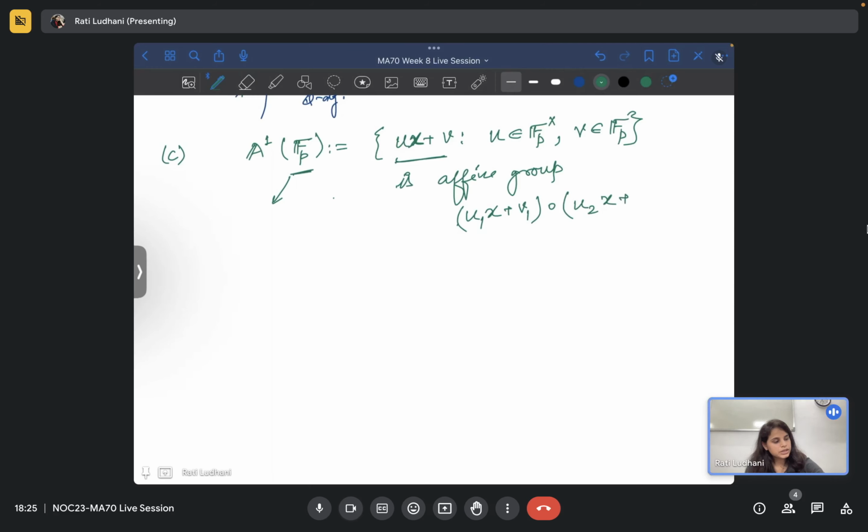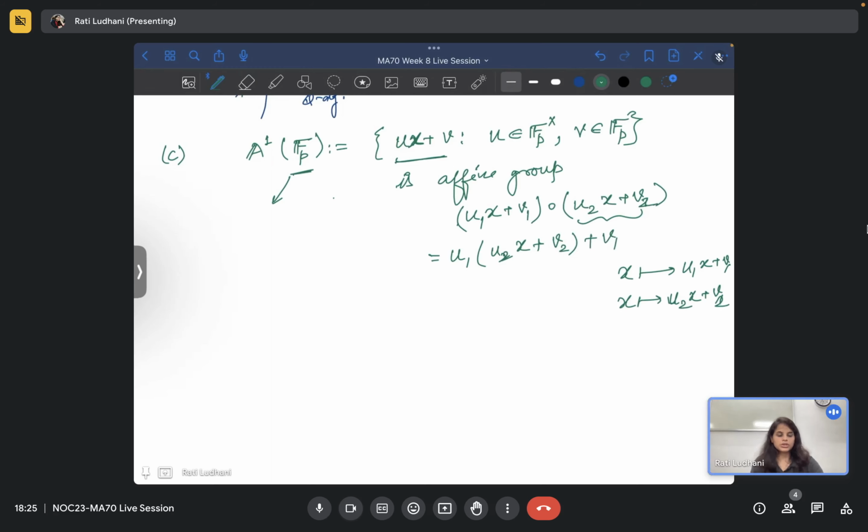Composition is like a function: x maps to this, and here x maps to u2 x plus v2. When you compose, you replace x with the other element, like you are operating on this.